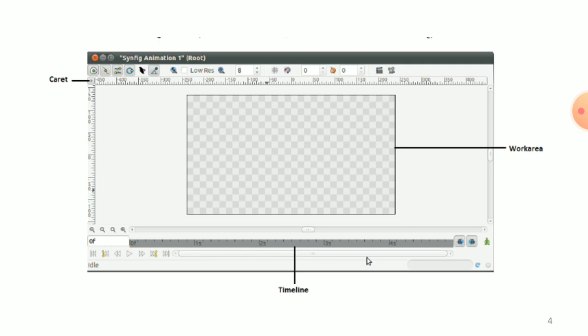Next is the layout of the Synfig animation screen interface.